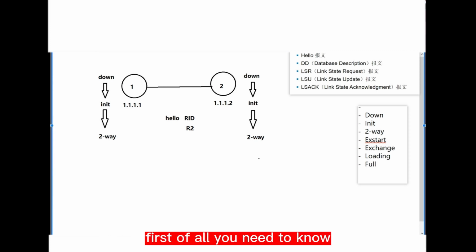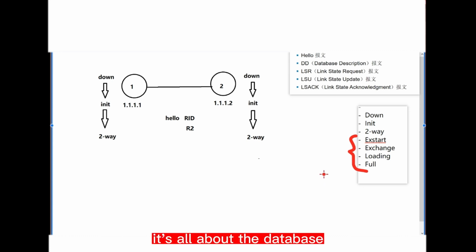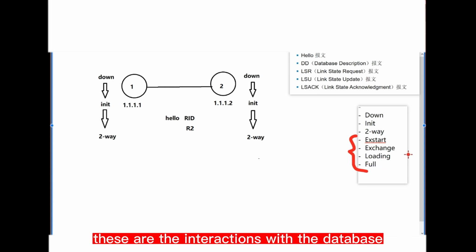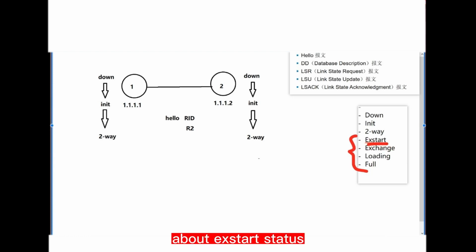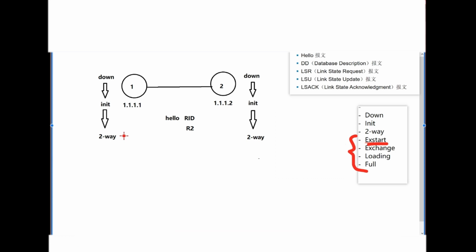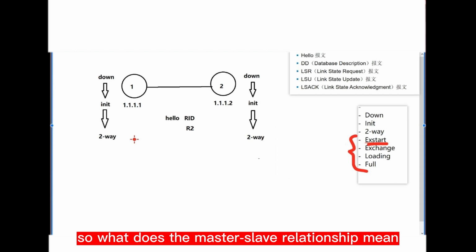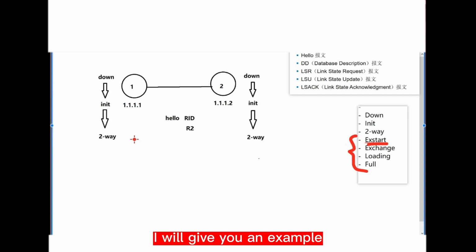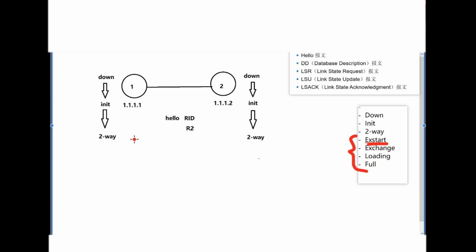First of all, you need to know that the states below this are all about the database, that is, interactions with the database. About the ExStart state, you will learn in NP that there will be a master-slave relationship election. What does the master-slave relationship mean? I will give you an example. We are going to sync the LSDB.